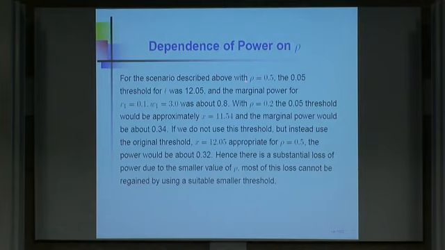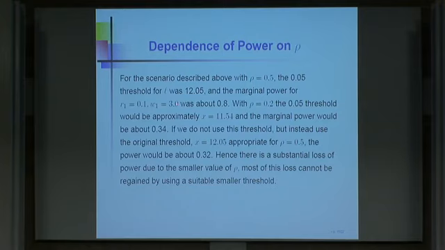So you might ask the question, suppose that I have a region where rho is something different from what I assumed, then I'm going to lose some power if rho is small. So for the scenario I described on the preceding slide, if rho is 0.5, the 0.05 threshold, accounting for multiple comparisons for the statistic L, was 12.05. The marginal power for that, when R1 is the nominal value and W1 is one value within the range over which I've maximized, was about 0.8.